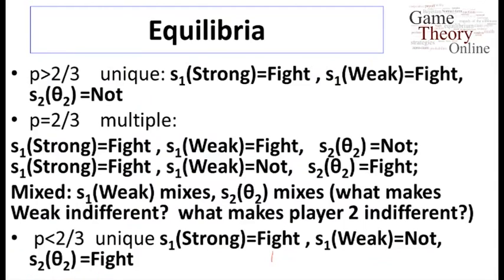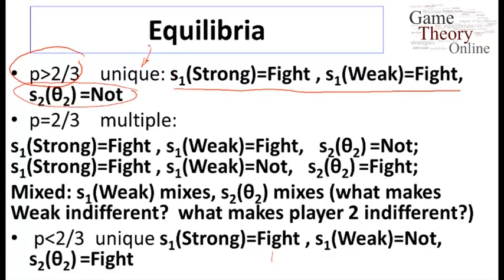Just to summarize the equilibria: when p is bigger than 2/3, we end up with an equilibrium where player 1 always fights and player 2 chooses not to fight. You can check that that's the unique equilibrium in that case, and it's most of the argument we went through.